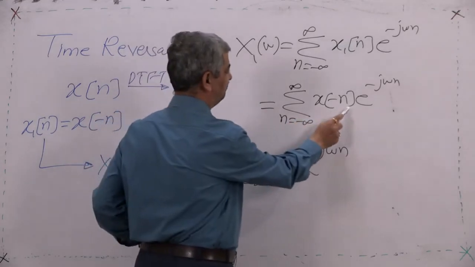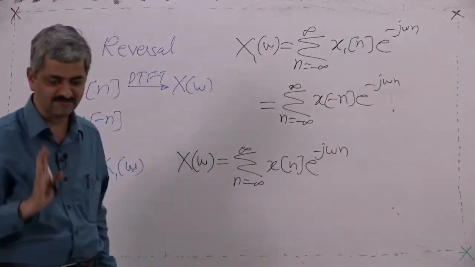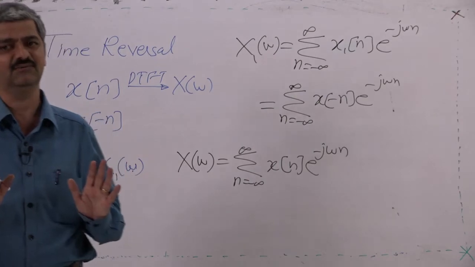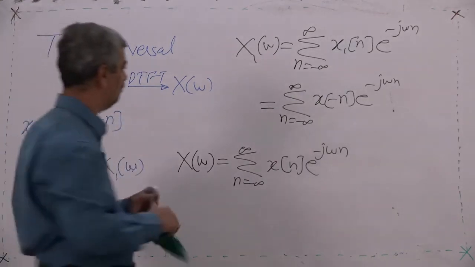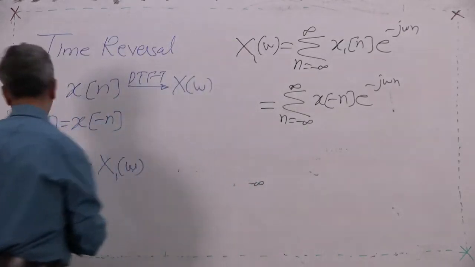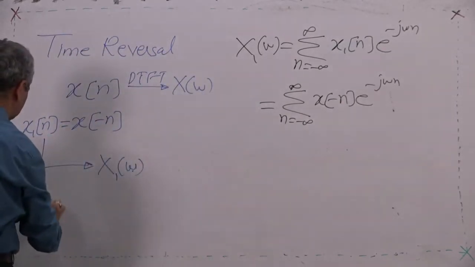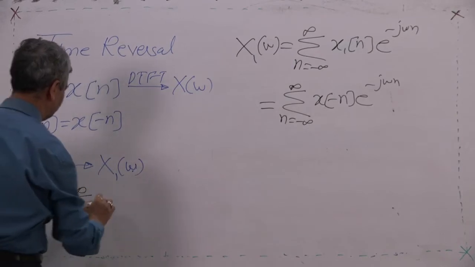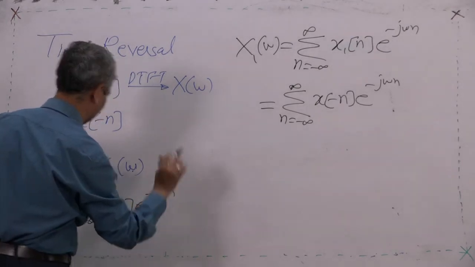Here some problem seems to have arisen. It is very simple, but we must prove it in standard terminology. How? I keep this formula on the left: X(omega) is the summation from n equal to minus infinity to infinity of x[n] e raised to minus j omega n.